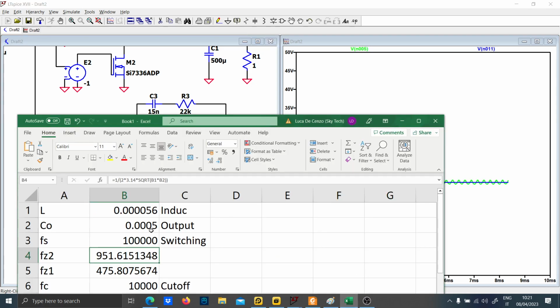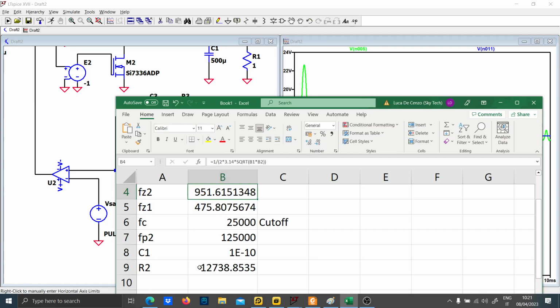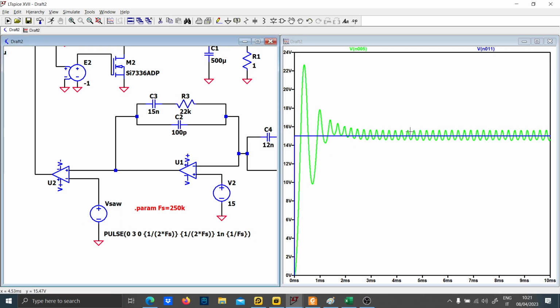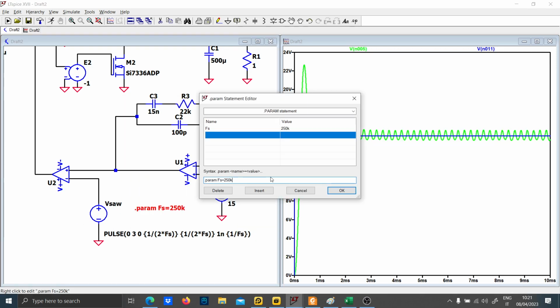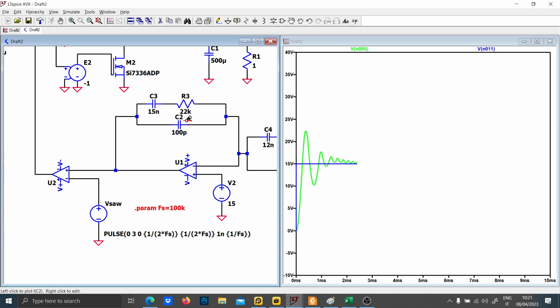As you can see here, I chose the switching frequency of 100 kHz. If I choose another switching frequency, 200 kHz, you see that some values are going to change. So let me put 100 kHz again, and I think that we can stop the video for today.